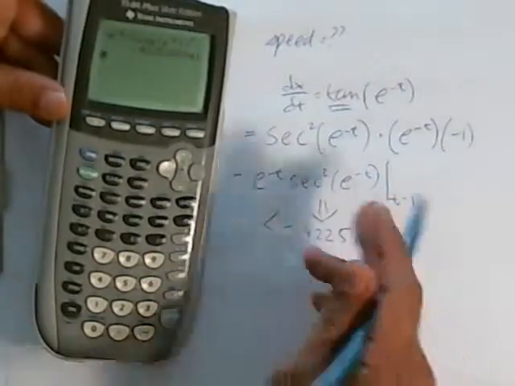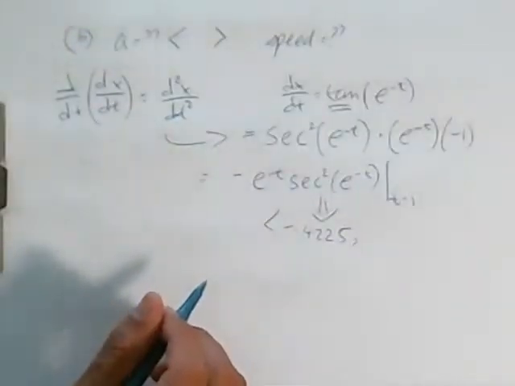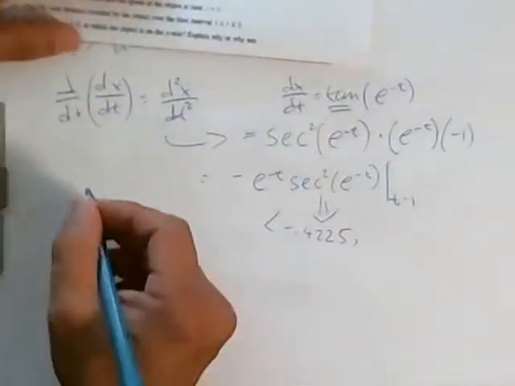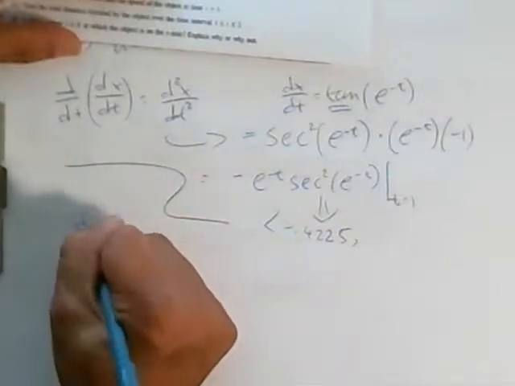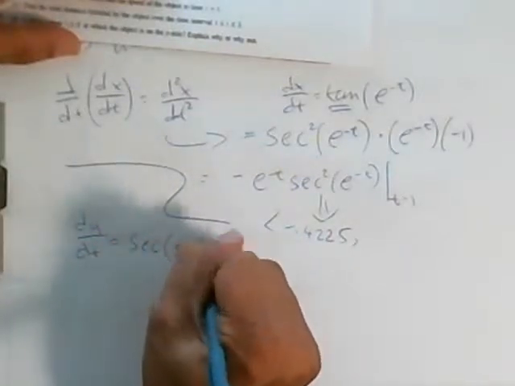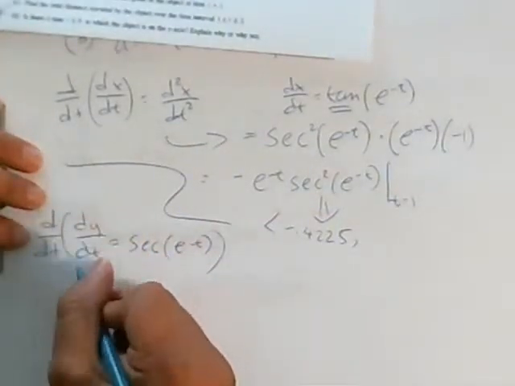And that's your x coordinate, and your y coordinate is take the derivative of the y function. The y function was dy/dt is equal to secant of e to the minus t. So take the derivative with respect to time of that. You get the second derivative.